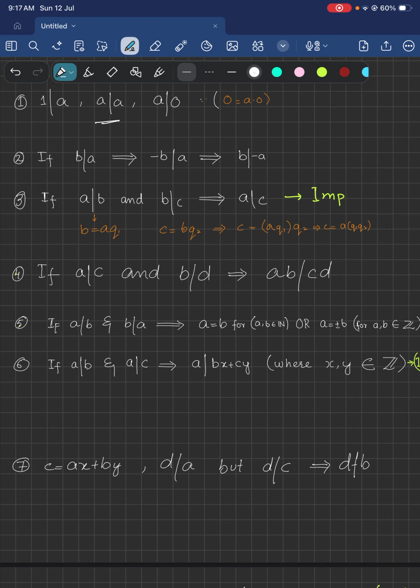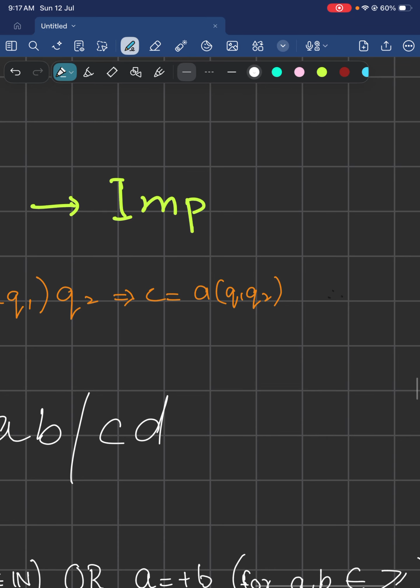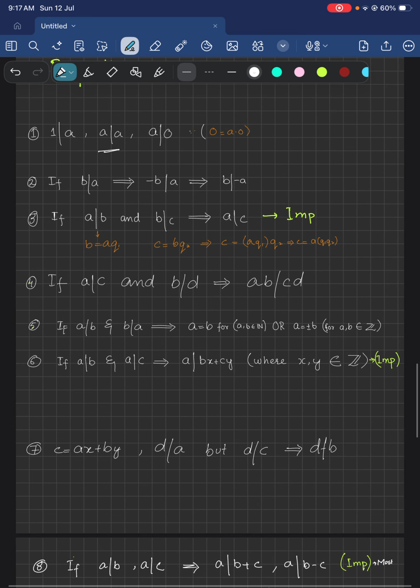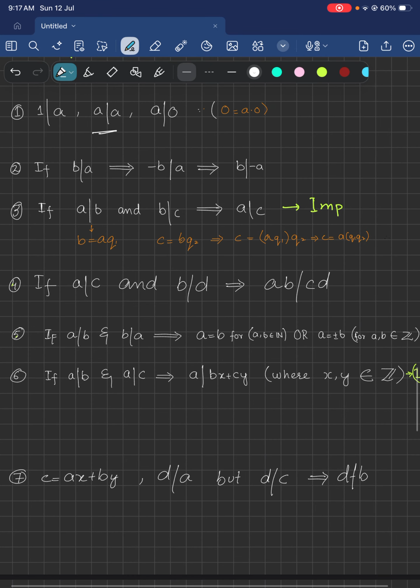This is a really important property, the third one, the transitive property. Those properties are important, you have to memorize them. You should know those properties at your fingertips, man, because these are used a lot in further questions that I would give you. We would do a problem solving session, and you would see a lot of questions can be done using these properties.